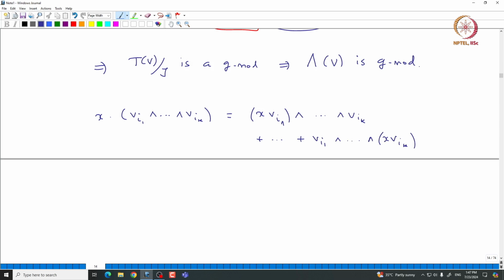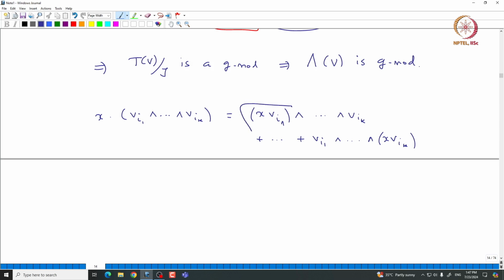Okay, so now using the property of skew symmetrization, you can actually rewrite in terms of the elements of this kth wedge product. Actually, one can just use the linearity, no issue.